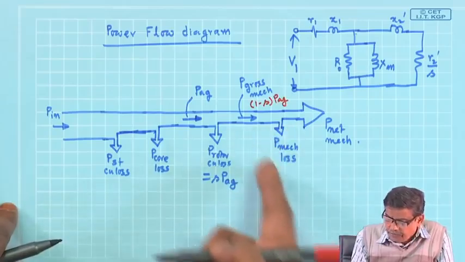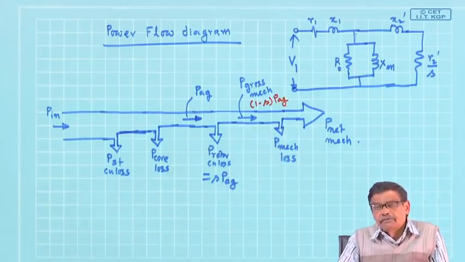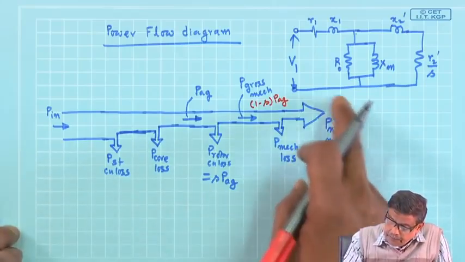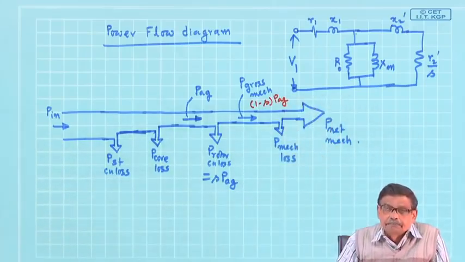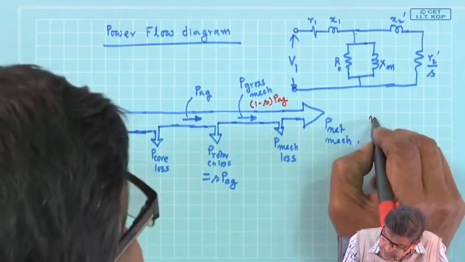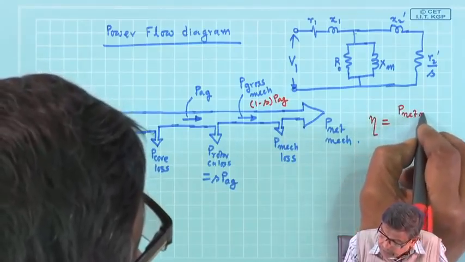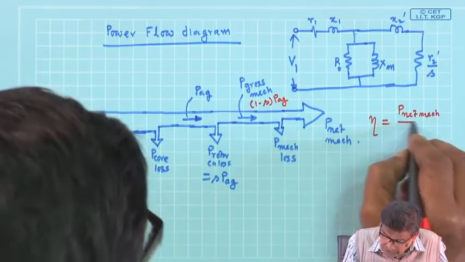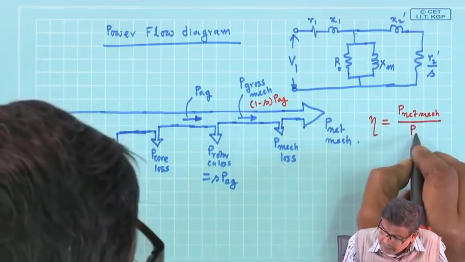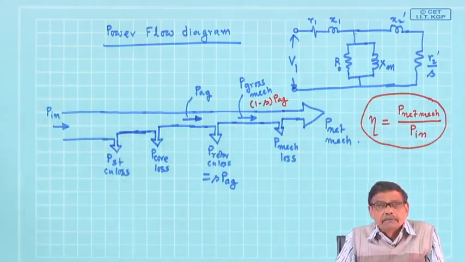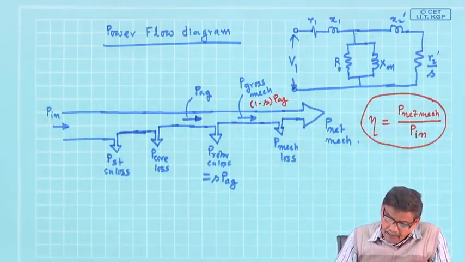From that if you subtract a little bit of mechanical friction, windage losses, bearing loss, etc., then the P net mechanical is here. And efficiency of the motor is P net mechanical, mind you, divided by P in. This will be the net mechanical power output.